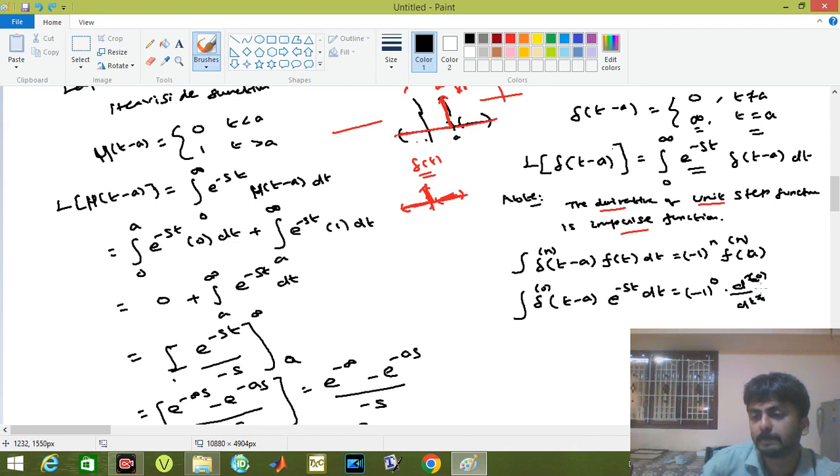But for convenience I am writing d power 0 by dt power 0, d by dt, d square by dt square, d cube by dt cube, respectively meaning first order, second order, third order. It is the zeroth order derivative of e power minus st at t equal to a.